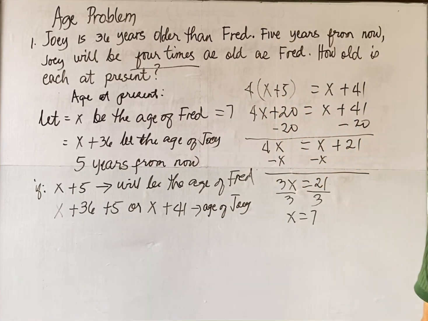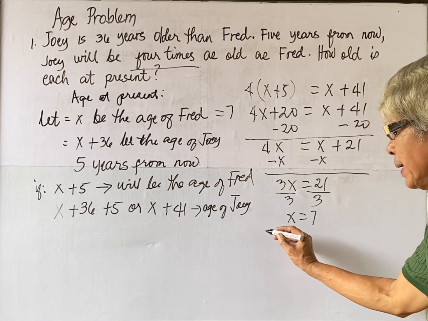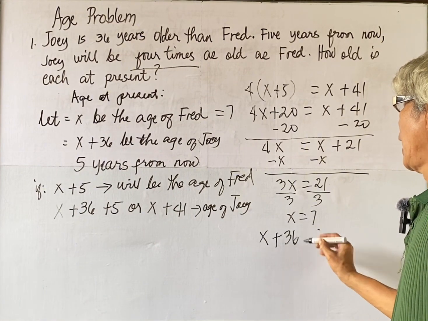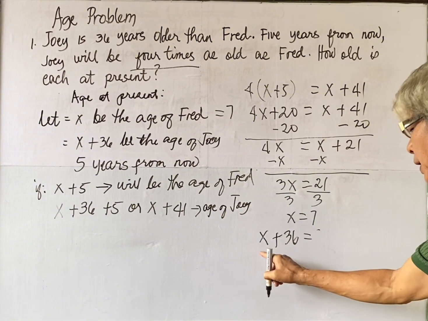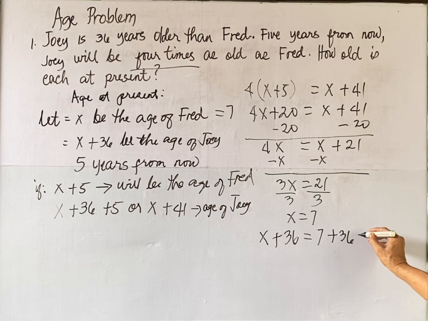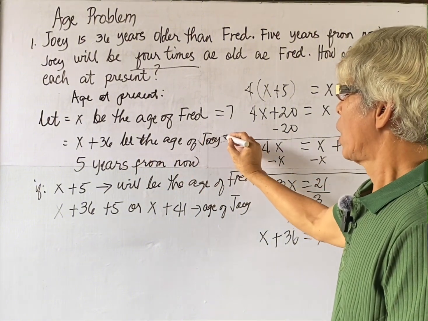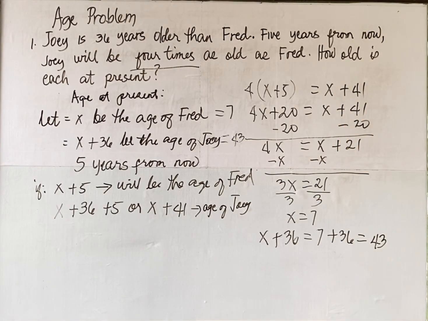We can also find the age of Joey by substituting into x plus 36 the value of x, which is 7. 7 plus 36 equals 43. Therefore, Joey is 43 years old now.